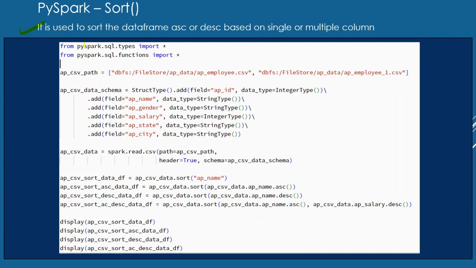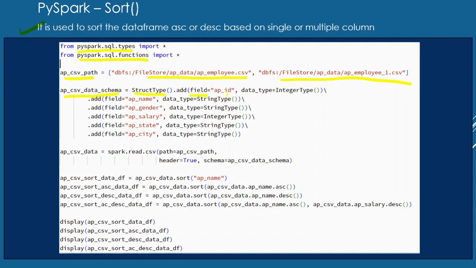In this exercise, we are importing all the required libraries. We are creating a list variable. This list variable has all the addresses of the CSV file which we are going to read. Here we are creating a data frame with the help of a StructType and a StructField.